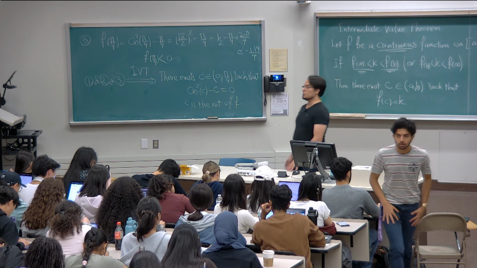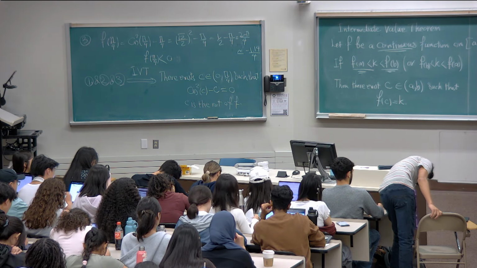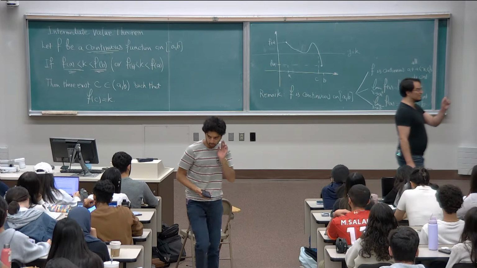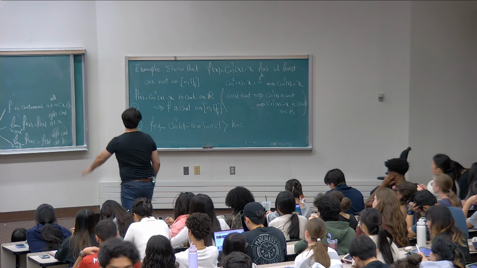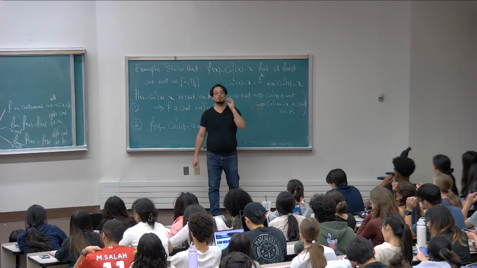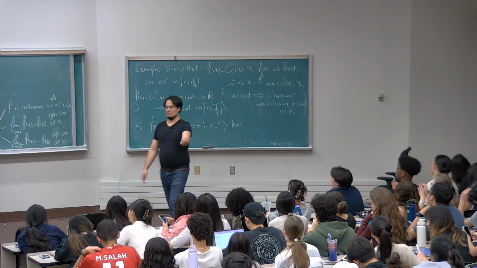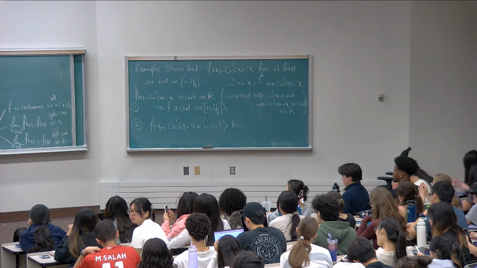One of the questions that I hear at this point is, are you going to ask us to find the value of that C? No. The way the question is set, it says to show only existence. Existence means that there exists something there.